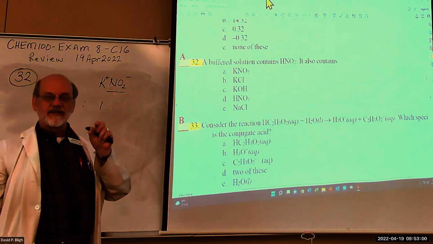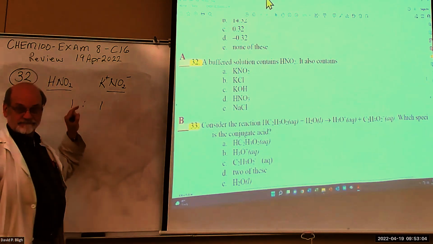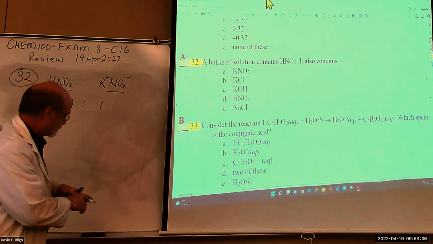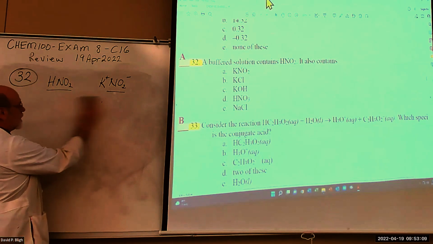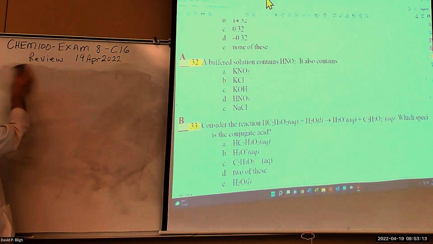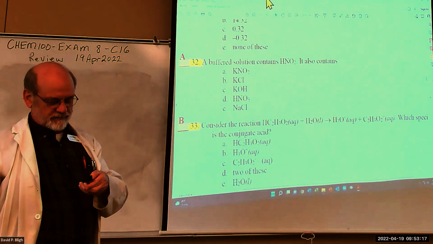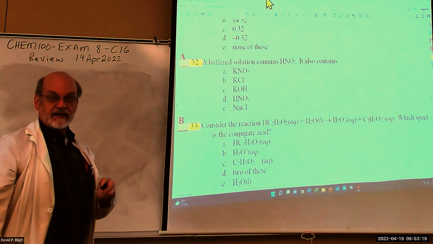If they're 1 to 1, that's the perfect buffer for that weak acid. Okay? We didn't go into the details why that's true, but that's really not part of this course. I just thought you might need it someday.